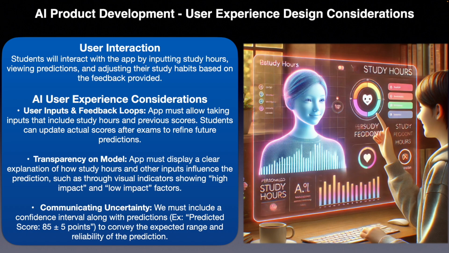If we are predicting a student's score based on their input, instead of an absolute score we would provide a score with plus or minus certain points to convey the expected range. That makes the reliability of the prediction something users can engage with, rather than the app providing an absolute score and the user disengaging.